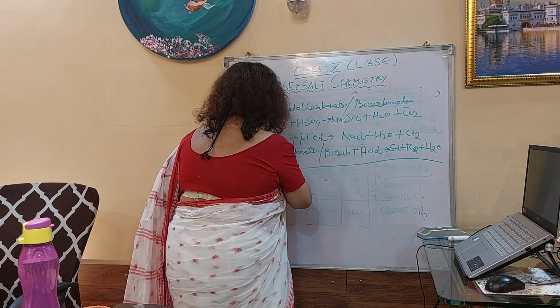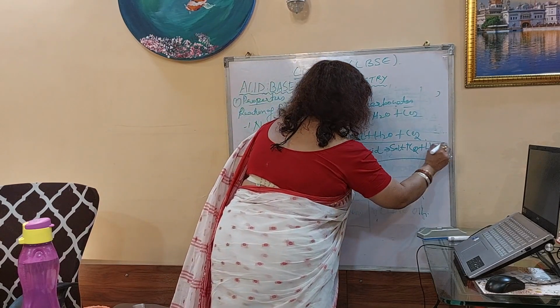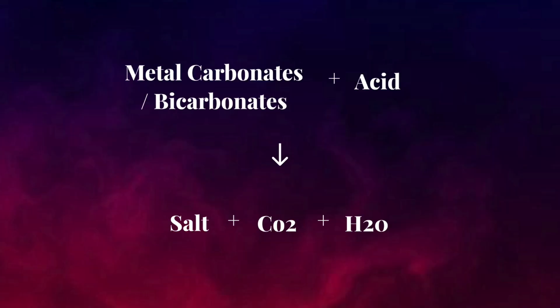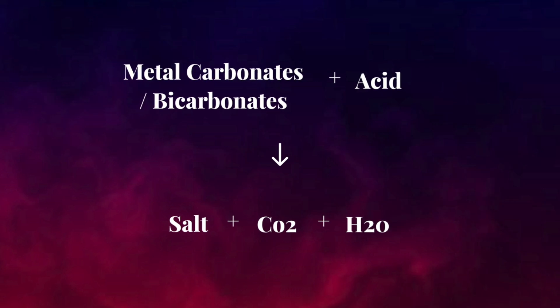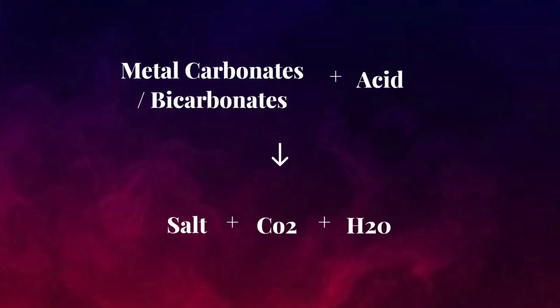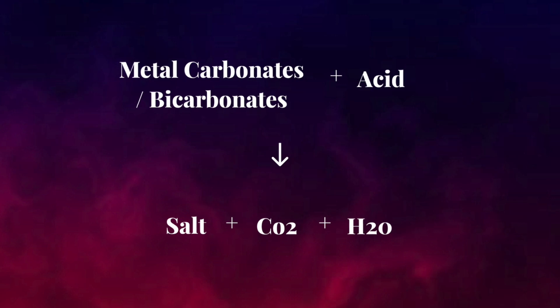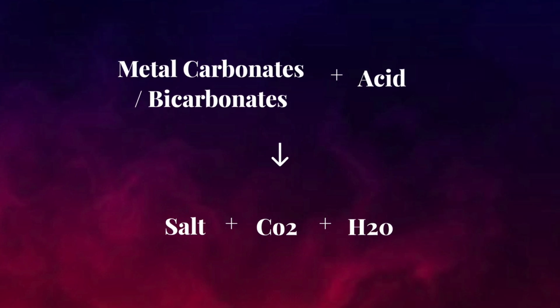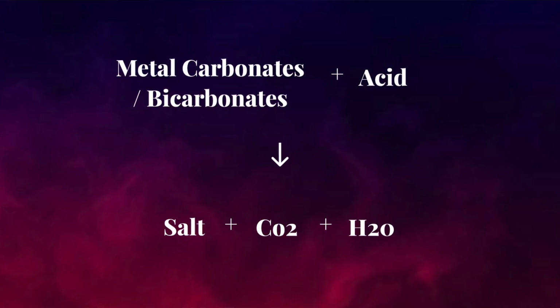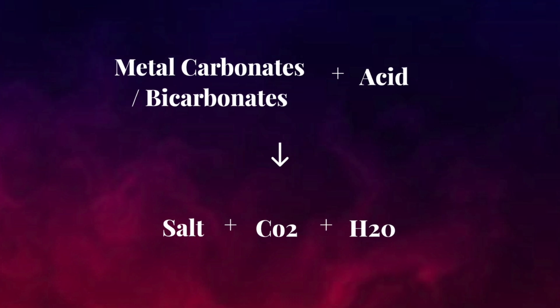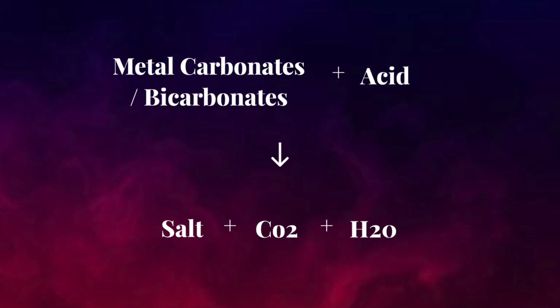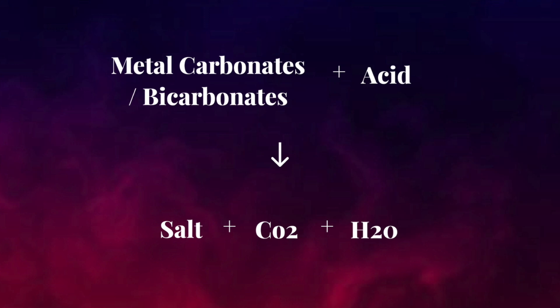Put this reaction in a box. Like the first one you read, metal and acid gives rise to salt and hydrogen. Here, which gas is evolved? Carbon dioxide. Metal carbonates, which is Na2CO3, or metal bicarbonate, that is NaHCO3, can react with an acid to give salt, carbon dioxide and water. Very, very important reaction, and the example is given in your book.